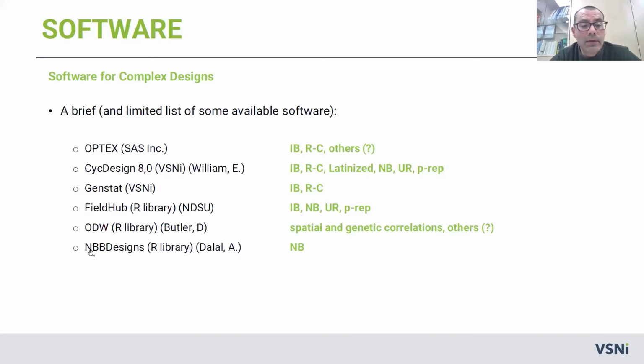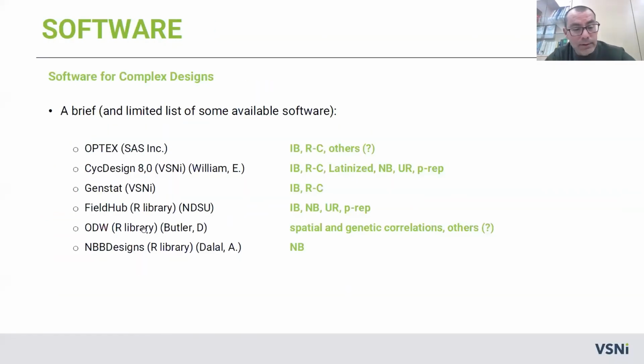There are a few more interesting R libraries. I know this one does some spatial and genetic correlations; I haven't explored it much to know what else it does. I know OPTEX from SAS is quite popular for complex designs, so at least I know it generates these ones. But there are many others that do different things, okay.